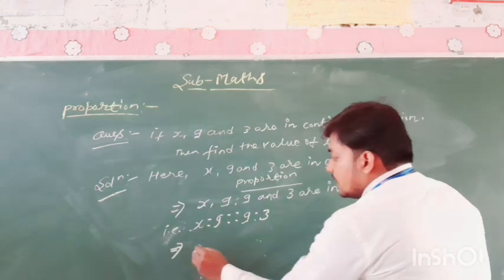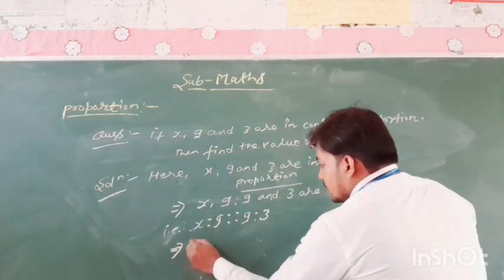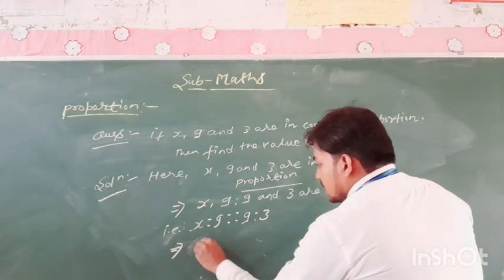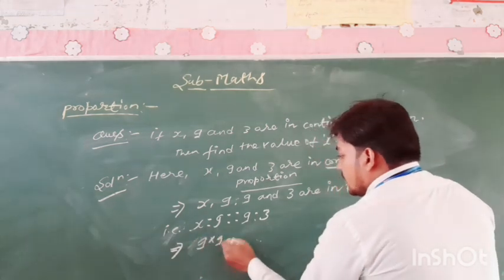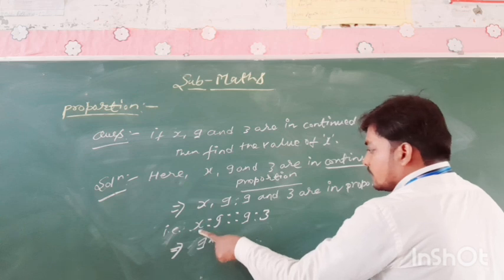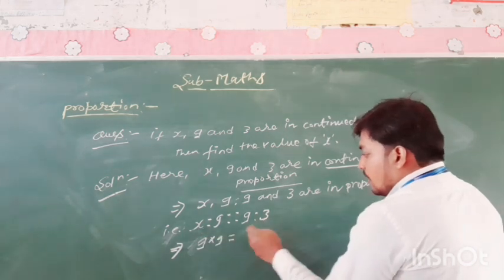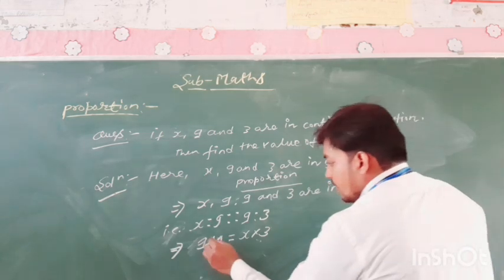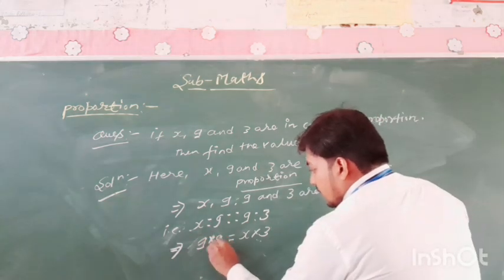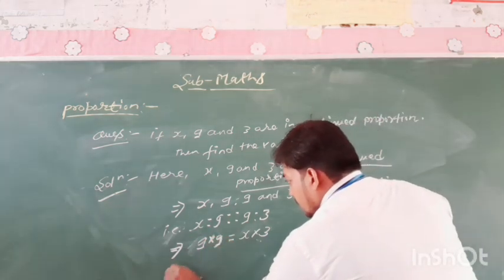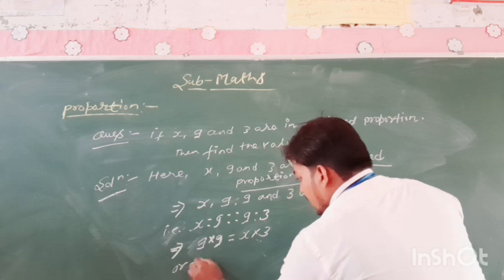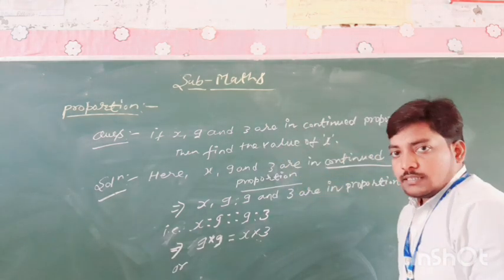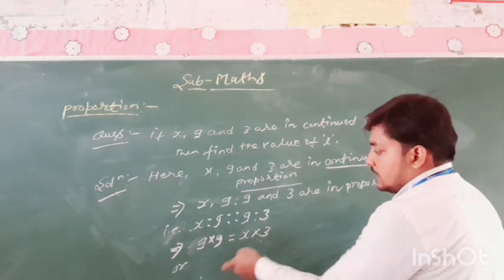So 9 into 9 is equal to product of extremes, which means x into 3. We have interchanged the sides.